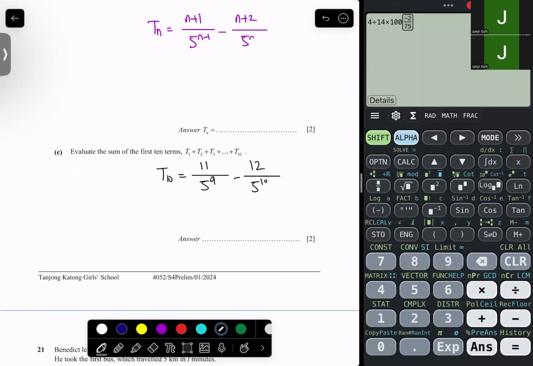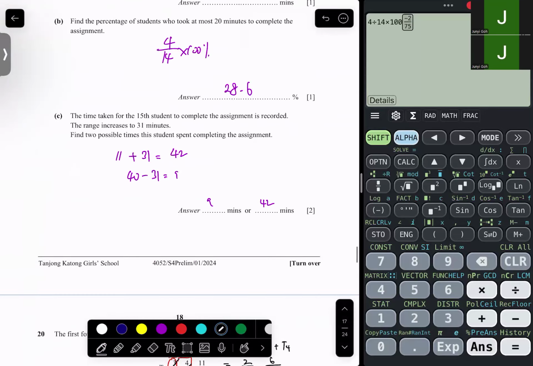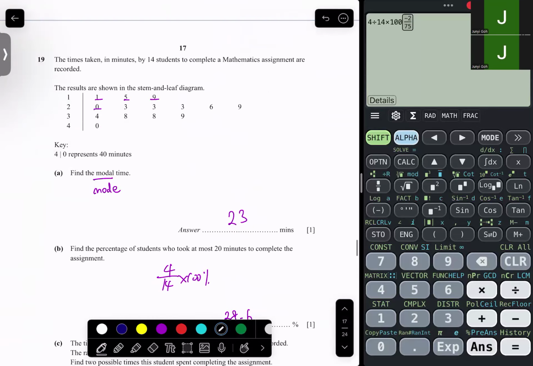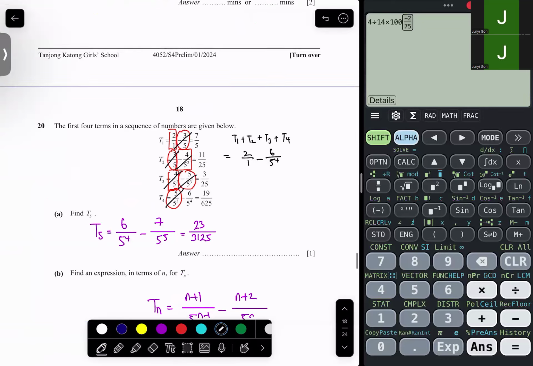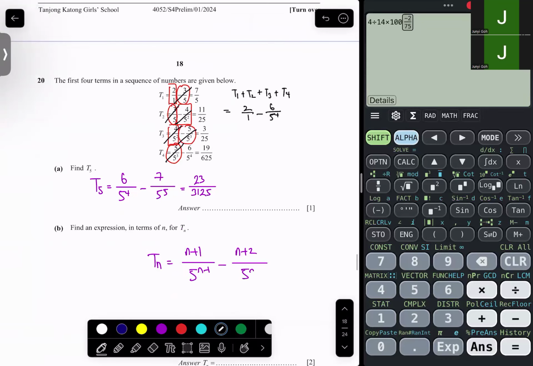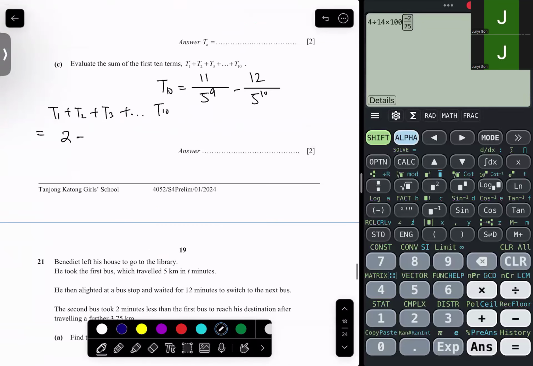So T1 plus T2 plus T3 all the way until T10 will really just be 2 over 1 minus the last number, which is 12 over 5 to the power 10.